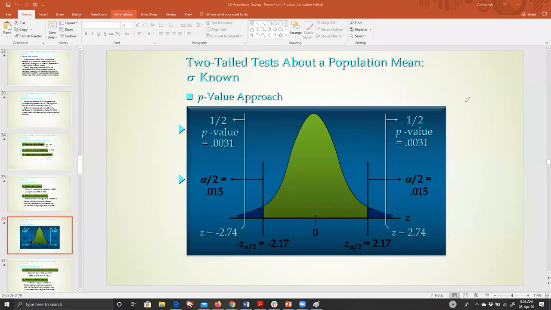Okay, what is alpha by 2 here? What is your confidence interval, or what is your confidence? Okay, I was taking the alpha value, not alpha by 2.